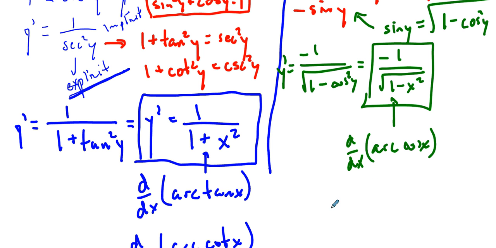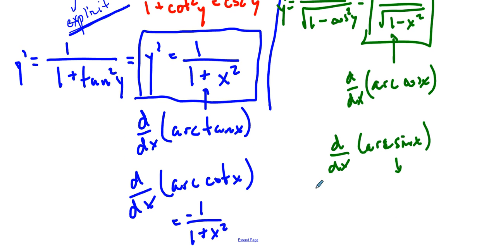If you wanted to figure out the derivative of its partner in crime, arc sine of X, well, guess what? Very similar to when we figured out the derivative of tangent and cotangent. This one is going to equal simply the positive 1 over the square root of 1 minus X squared.